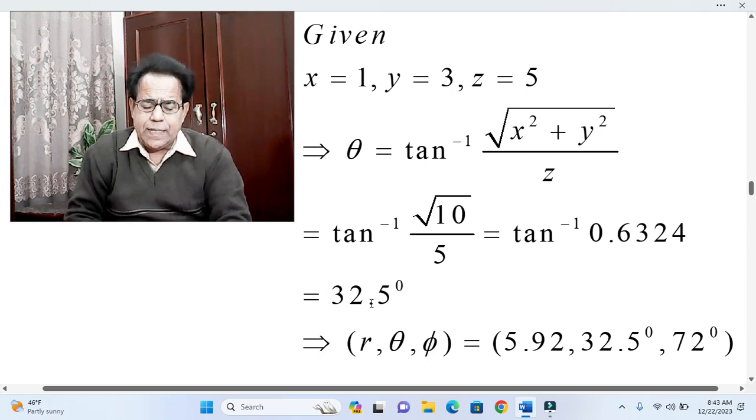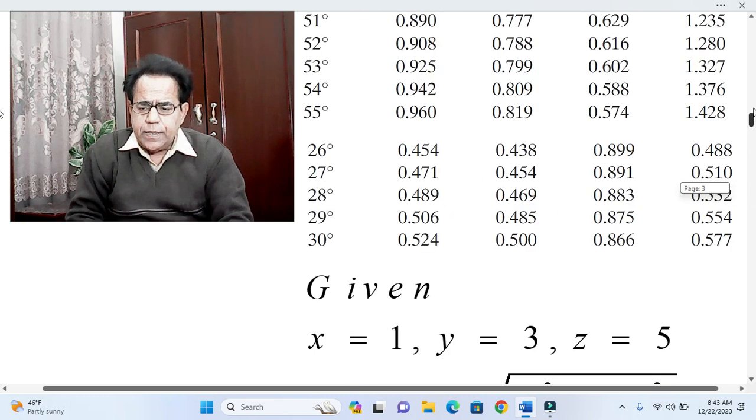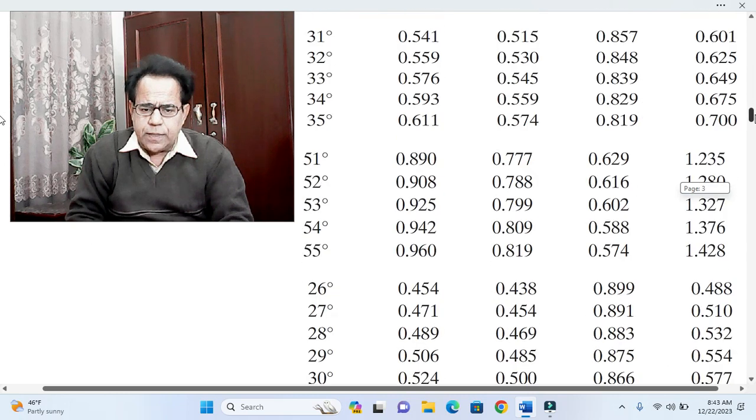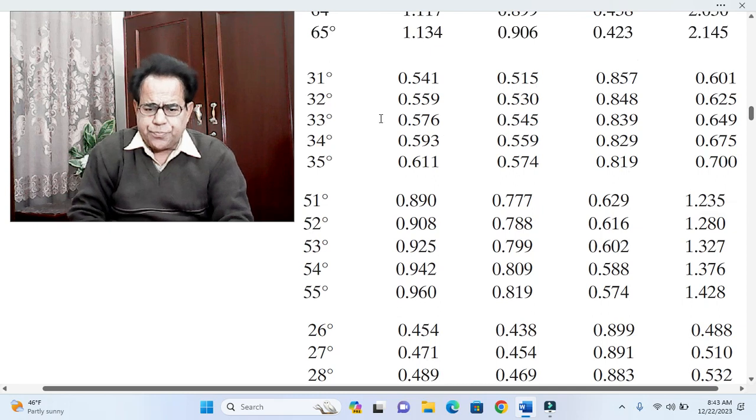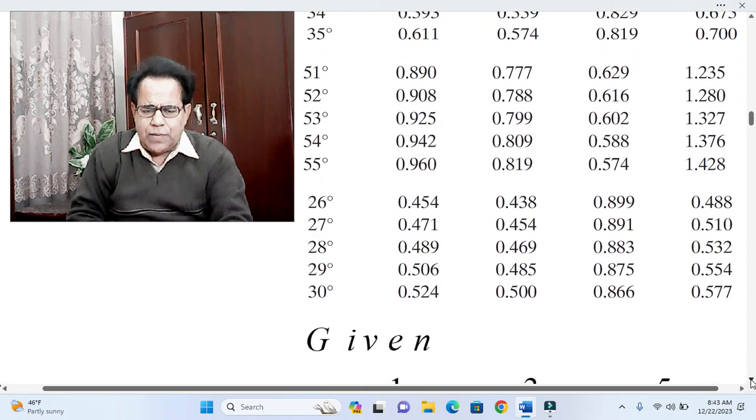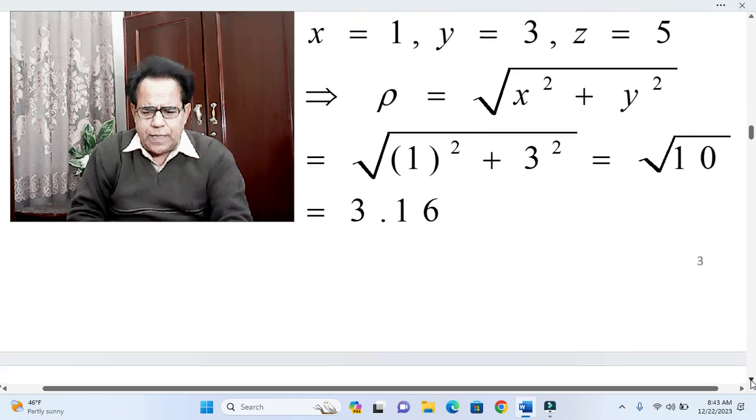Okay, we see that 31 degree value is 0.601, while 32 degree becomes 0.625, while our required value is in between these two values.